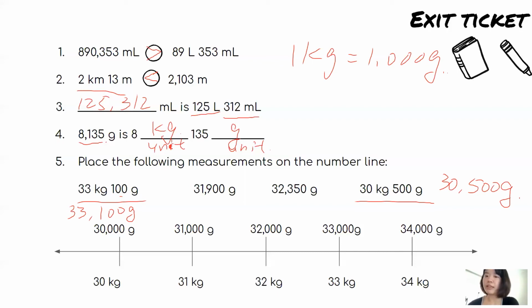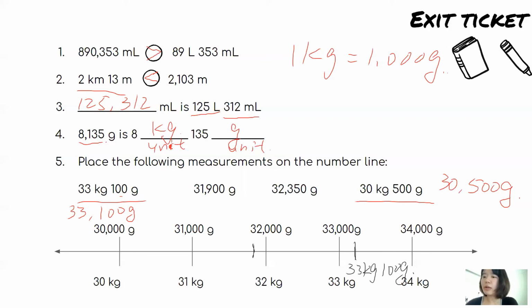Okay, and after we convert all the numbers into the same units, we can start to put them on the number line. And for the first one, we have 33,100 grams. So we know that that is bigger than 33,000. So somewhere around here, 33 kilograms, 100 grams. And with the second one, we have 31,900 grams. So we know that is a little bit less than 32,000.